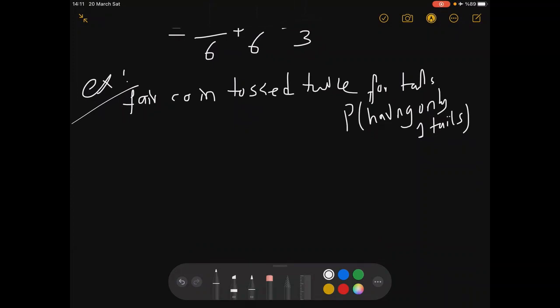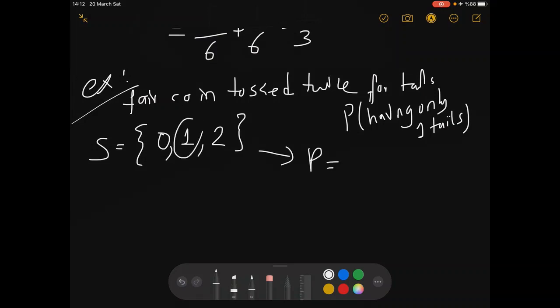What are the possibilities of having tails here? You can either have 0 tails, or 1 tails, or 2 tails, you see? So you can have 3 different elements here, and each of them with equal frequencies, right? So then can you conclude that the probability of getting exactly 1 tails is 1 over 3?